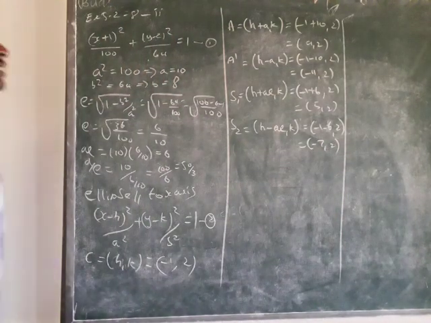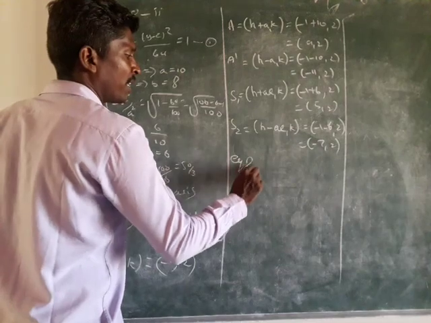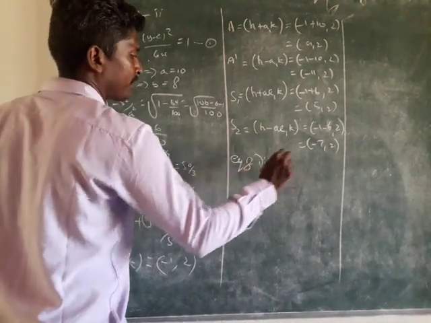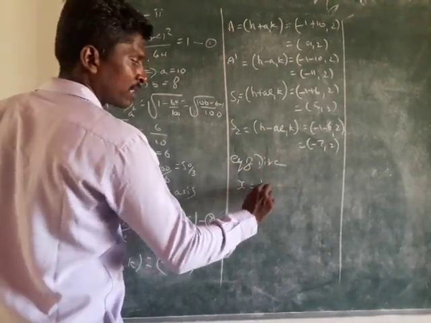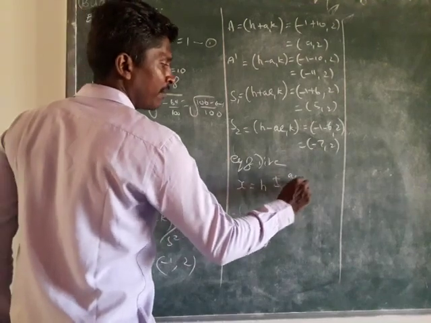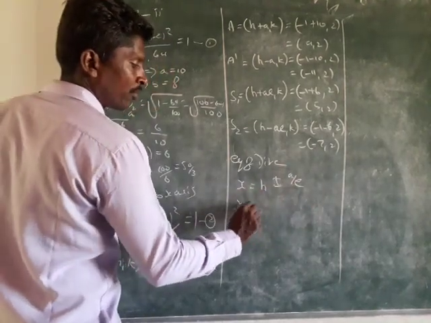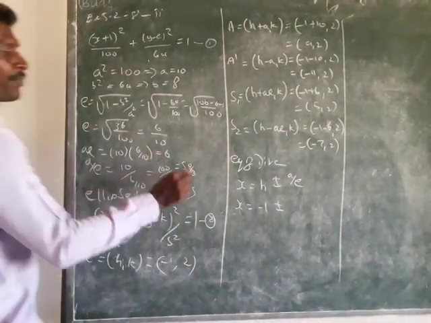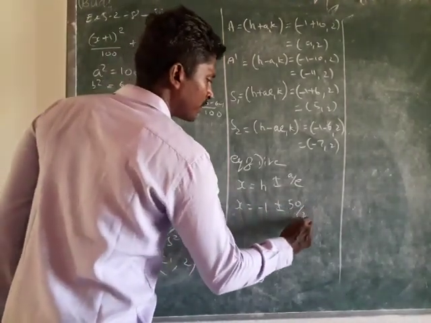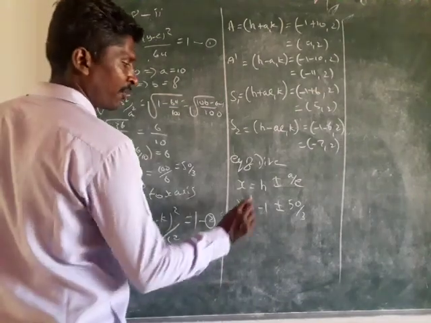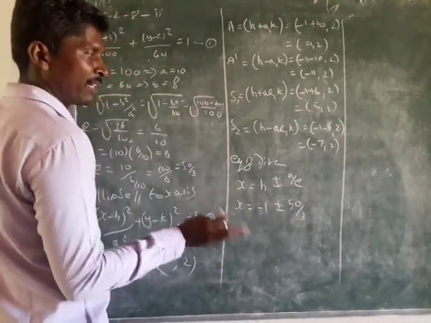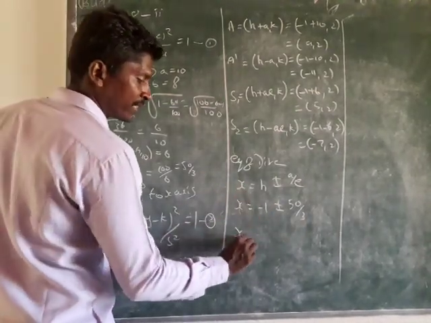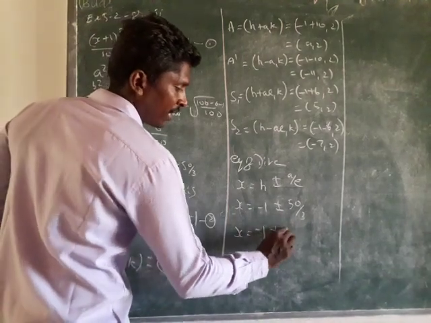Then you find the equation of the directrices. The equation of the directrices is x equals h plus or minus a by e. Then x equals minus 1 plus or minus a by e, and the value is 50 by 3. If you want to write the two equations separately, first take the positive value, 50 by 3.